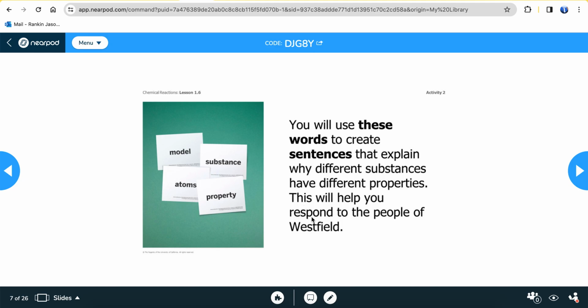Now, Westfield, they have a situation, right? People of Westfield have this reddish brown substance coming from the pipes leading to their households. And then the well water does not have the reddish brown substance, that has fertilizer in it.